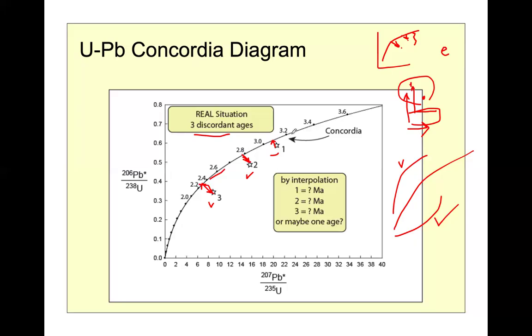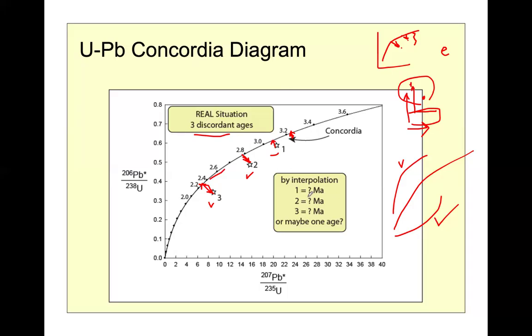If it is very close by, something like here, maybe you can just guess, or you can just interpolate this age as the real age of the rock. But it's now difficult because they are deviated from the curve. So we call them discordant values.